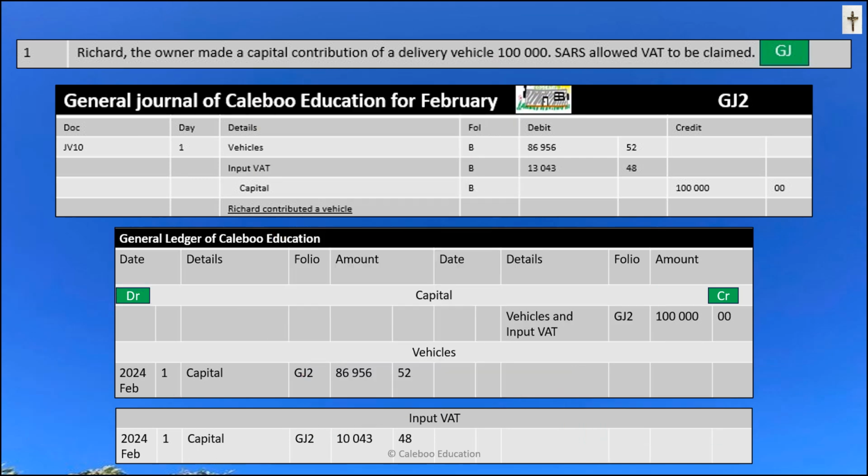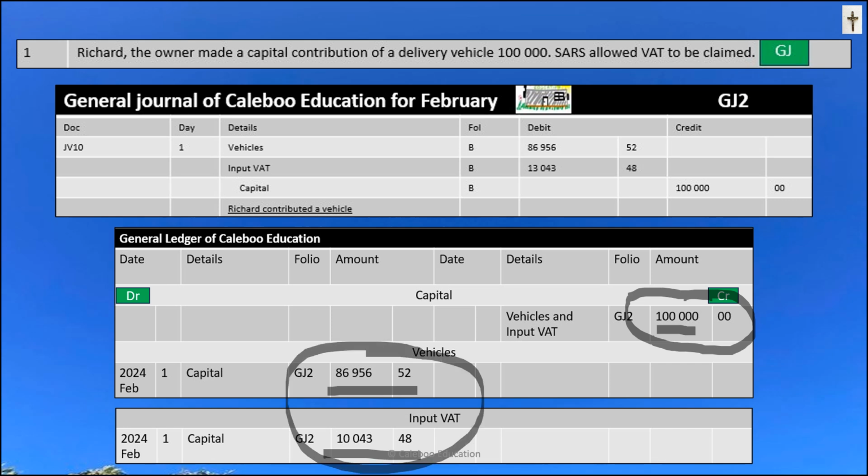Just before we move on, I just want to show you the credit was 100,000, and if you add 86,956 plus the 13,043, that will equal 100,000. So our debits equal our credits.